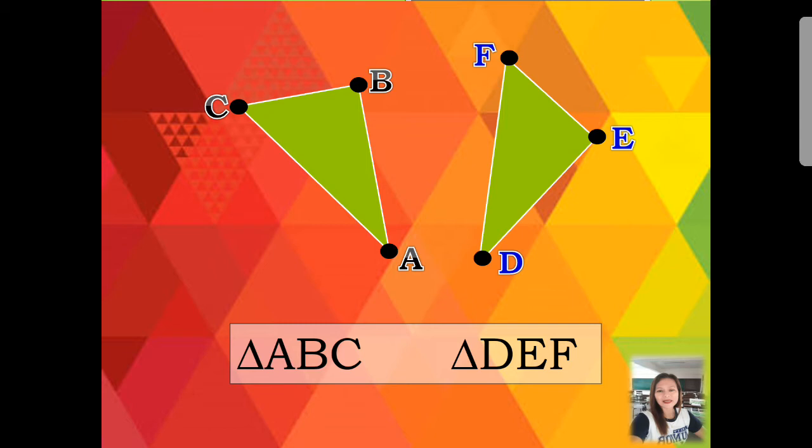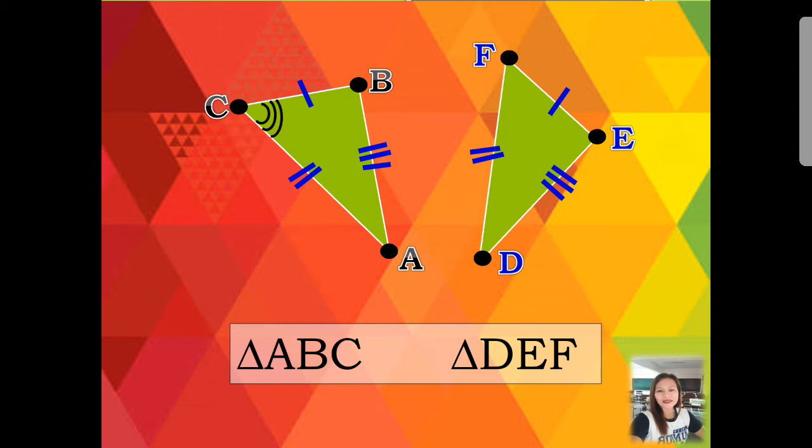How about the sides? Side CB is congruent to side FE. Side BA is congruent to side ED. Side CA is congruent to side FD. How about the angles?